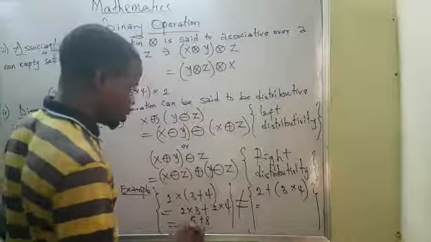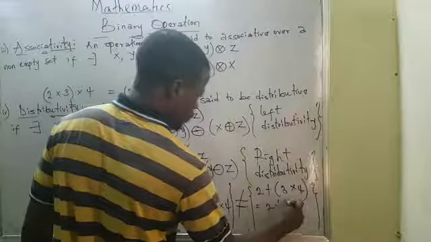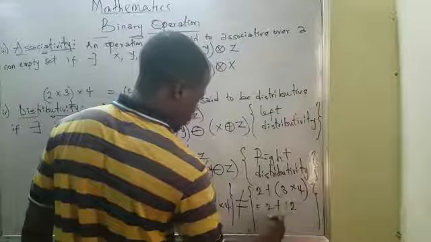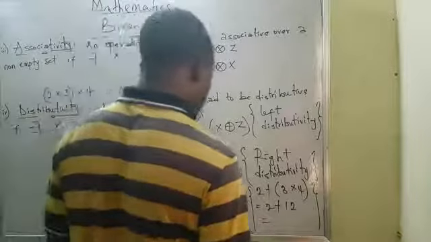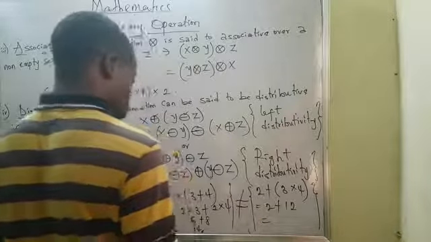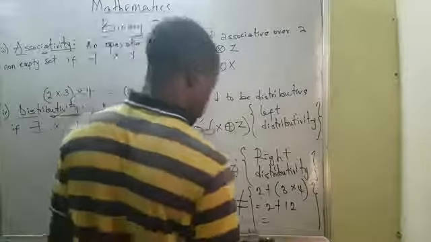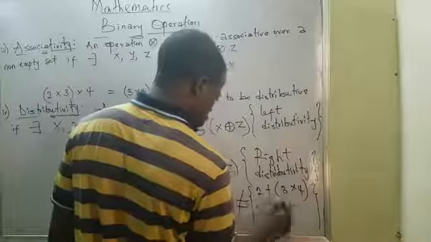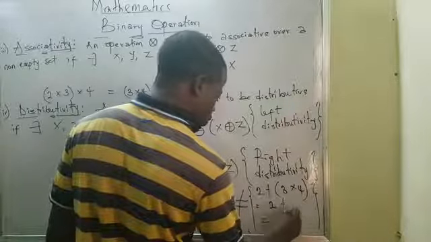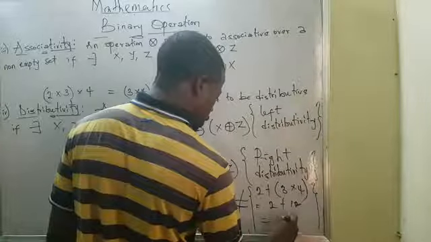If you do it this way, you have 2 plus 3 times 4, you have 12, and that's 14.